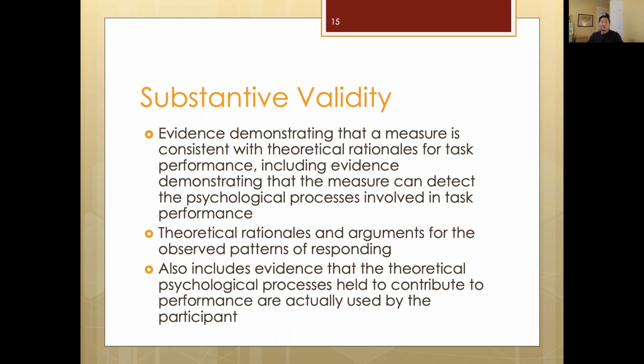It's more of a concept and an ideal to strive for rather than something that we necessarily explicitly test. Messick defines substantive validity, rather, as if your measure is consistent with the theoretical rationales you're basing it on, and more so the thought processes or the psychological processes going on.